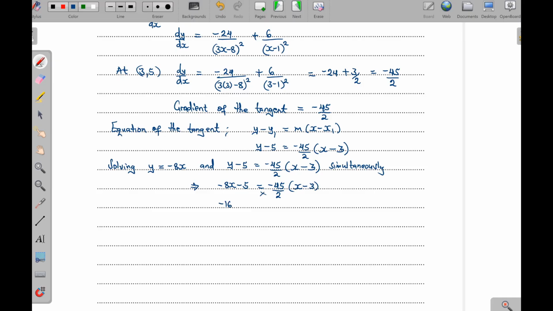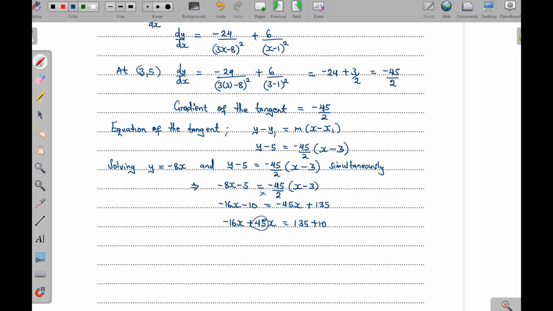This one will give us negative 16x, then minus 10. Then negative 45 times x, we shall have negative 45 of x, and then negative 45 times the 3, isn't that 135? That is 135. So bring this one this side, negative 16x, then plus the 45 of x, then will be equal to, take this one this side, and then you will have 135 plus the 10, okay?